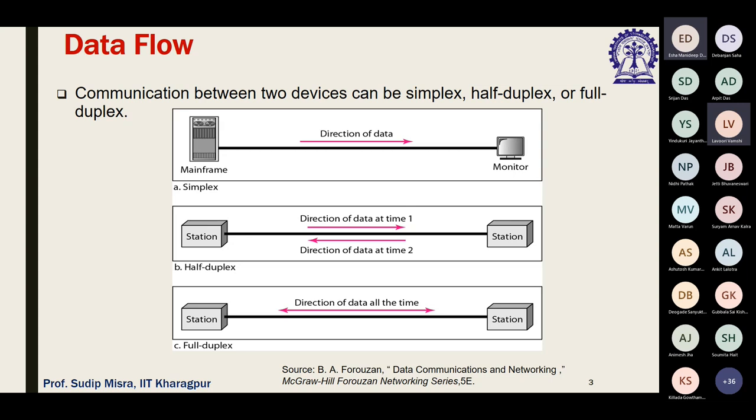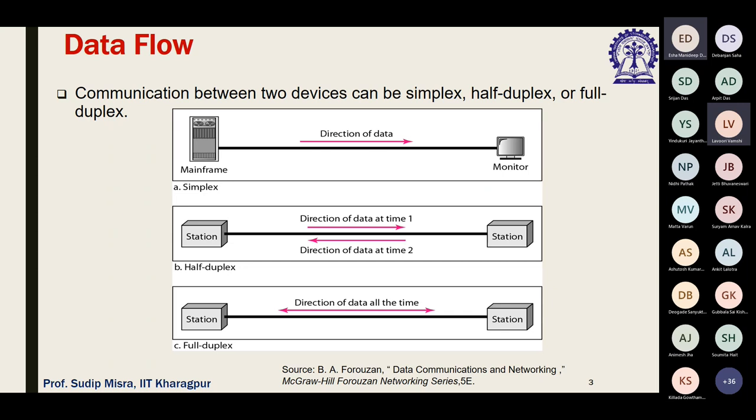So what is this simplex? In simplex communication, the sender device sends some message to the destination node along a certain path in a certain direction. This is like a one-way street.